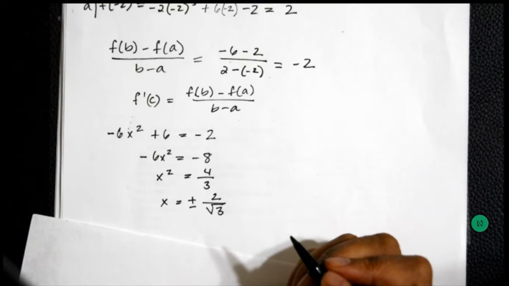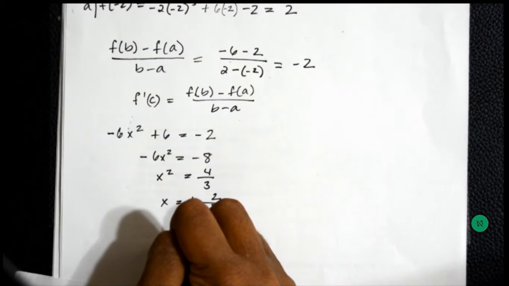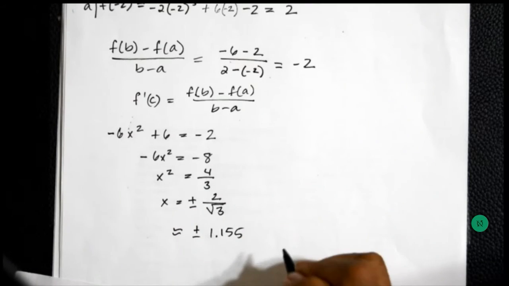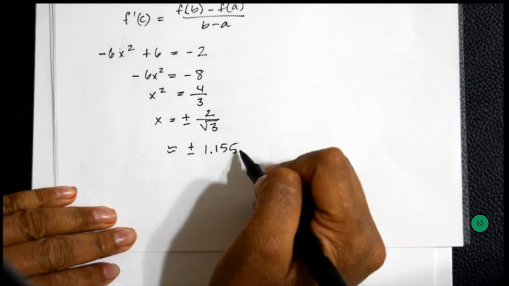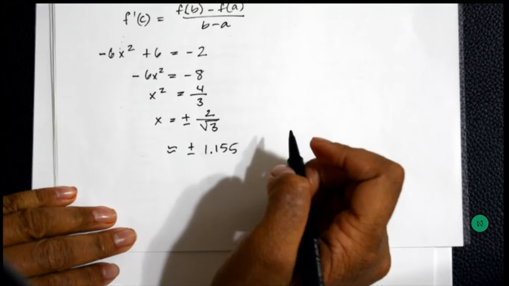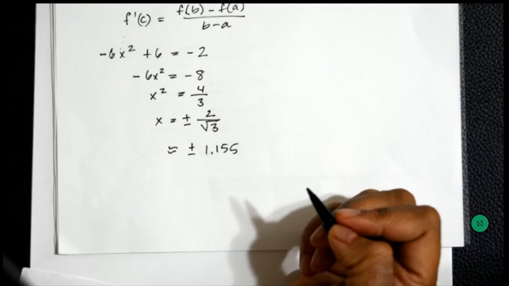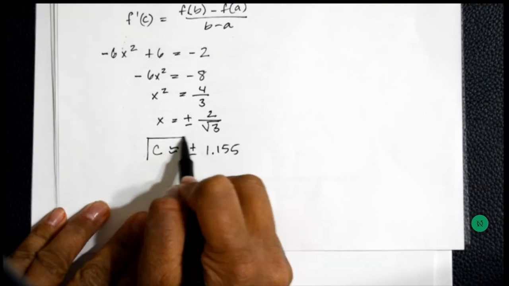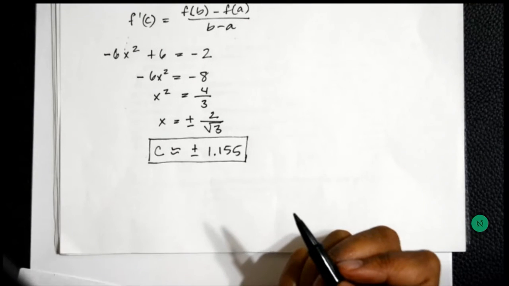So x is equal to plus or minus 2 over root 3, which is equal to about plus or minus 1.155. So we want to make sure that this is in the closed interval negative 2 to 2, and it is. So that means both these values are valid. So x is basically c. So the values of c are negative 1.155 and positive 1.155.